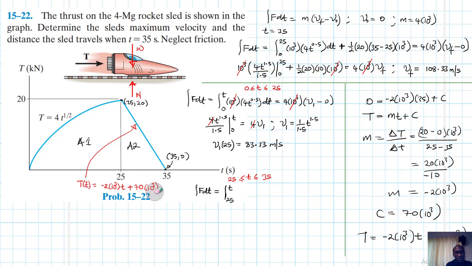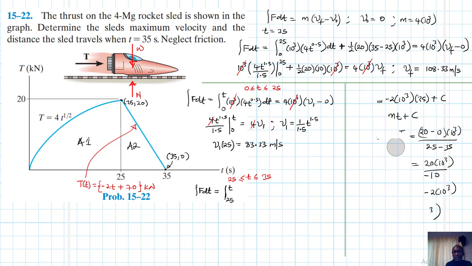This is in newtons. If I just wrote it in terms of kilonewtons, I'd write it as minus 2t plus 70, and this one is in kilonewtons. That's one and the same thing. So once we've done this, that's the equation that we intend to use.